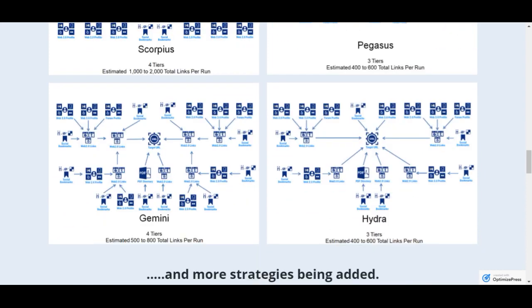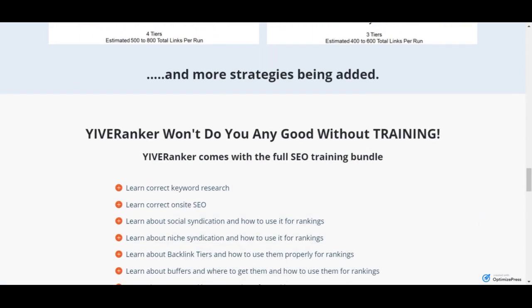And these are just some of the strategies that they use. You can see here there's some PDF directories, there's Web 2.0 links, Web 2.0 profiles, social bookmarks. All of these things are strategically done to give the most power, safe power, to the website or URL.